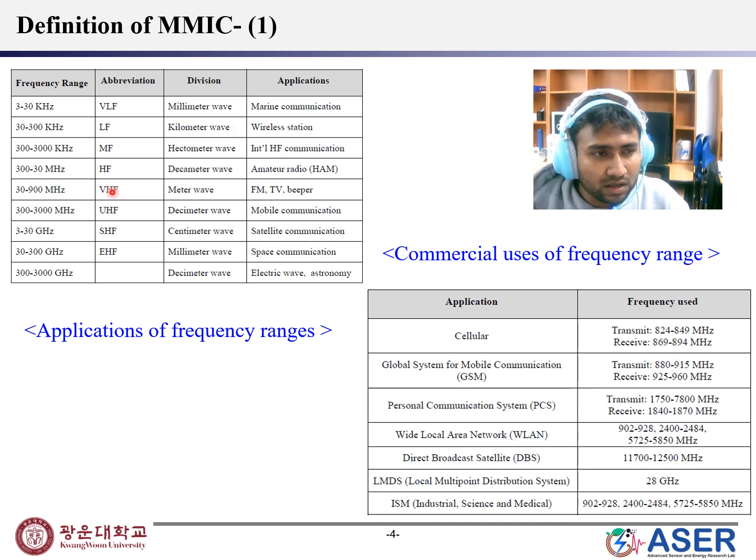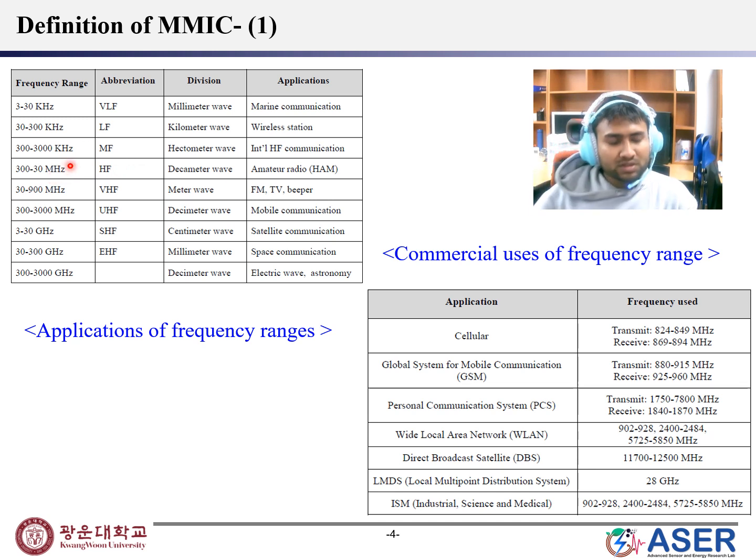First part here: which frequency range we use, and which application. What is frequency? Frequency means cycles per second, that is, how much oscillation occurs per second. In the case of 3 to 30 kilohertz, its abbreviation is VLF.